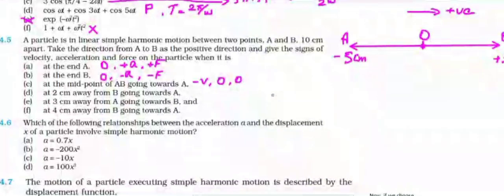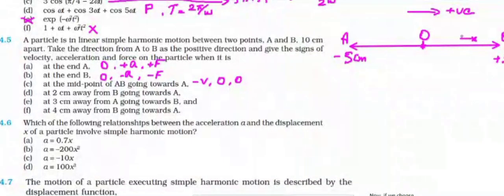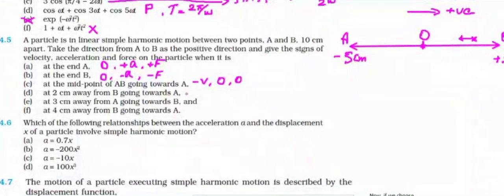Then next, at 2 centimeter away from B, going towards A. Going towards A means it goes in the negative direction, so velocity is negative.